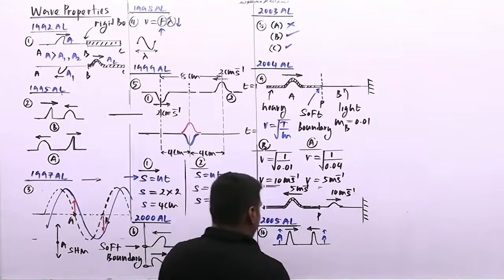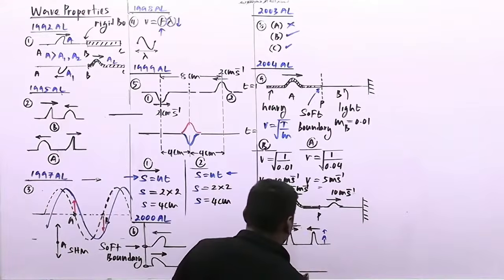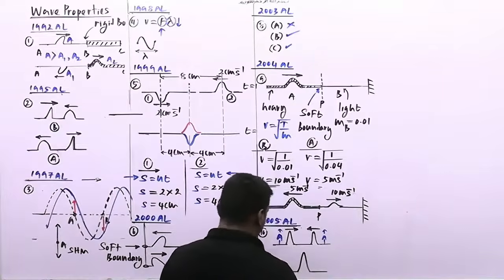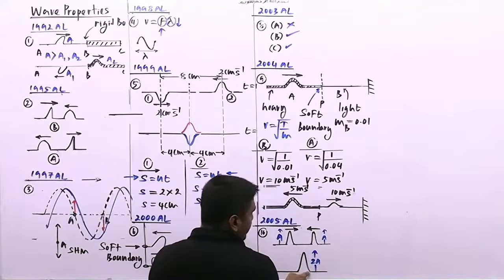During superposition, the shape of the resultant wave pulse is going to be twice the amplitude, 2E.